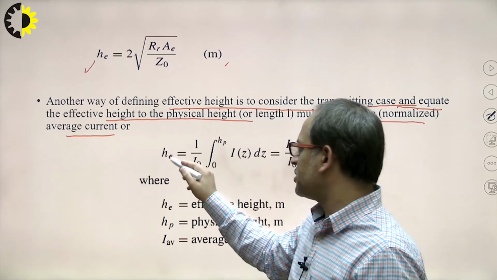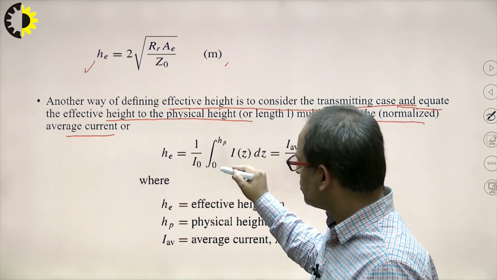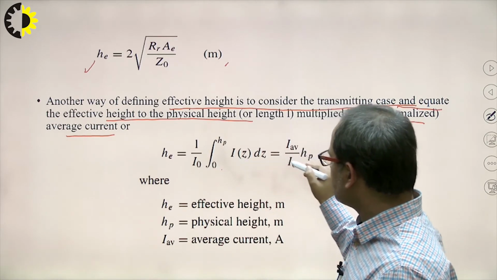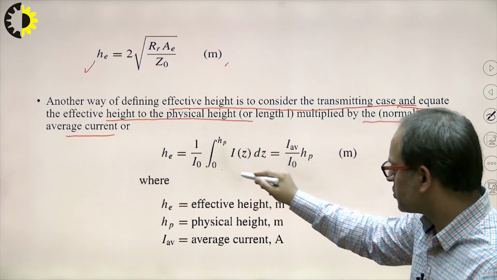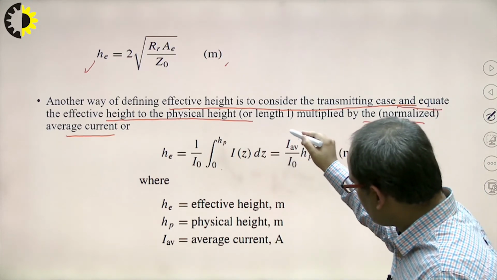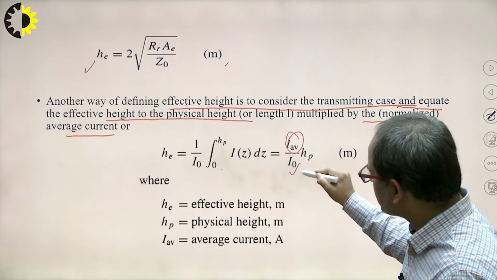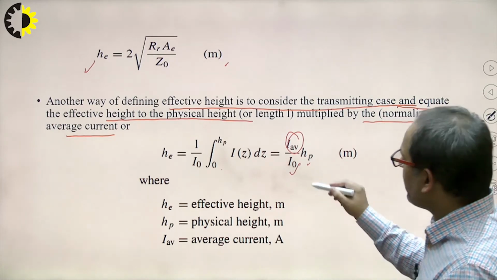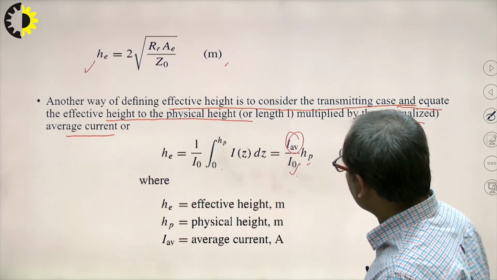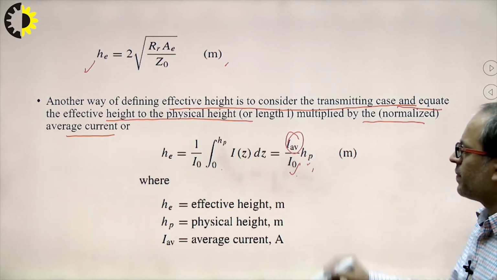Clear? So HE will be 1 upon I naught, integral from 0 to HP of I of Z dz, which is I average. On solving, you will get average current divided by maximum current, multiplied by the physical height of the antenna.